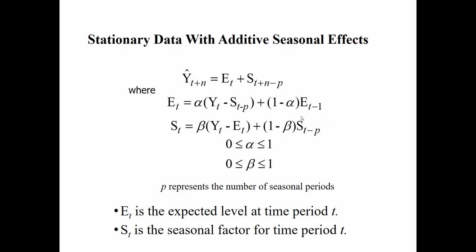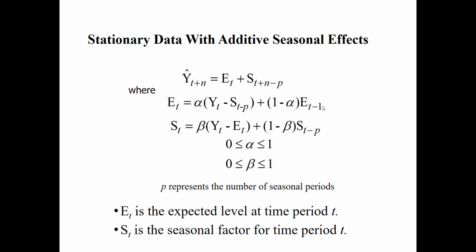So this is a recurring equation between E_t and S_t, and we have two parameters, alpha and beta. Both of these parameters are between 0 and 1, and we can use nonlinear optimization to find their values. As you notice, we have E_t and S_t that at some point we have to provide for the model.